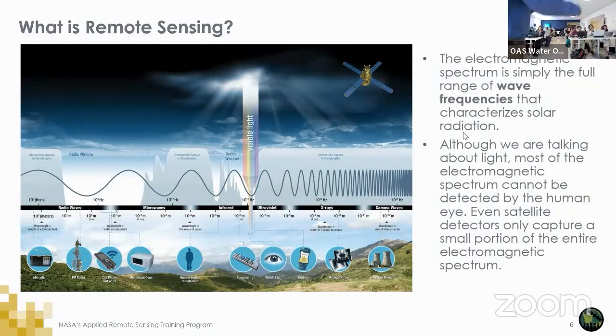But they're all contributing to our understanding, because the energy coming from the sun ultimately is going to drive all of the processes on Earth. And so NASA is collecting this information, and even though we cannot see this whole spectrum, we have the instruments to be able to observe it. Next slide.